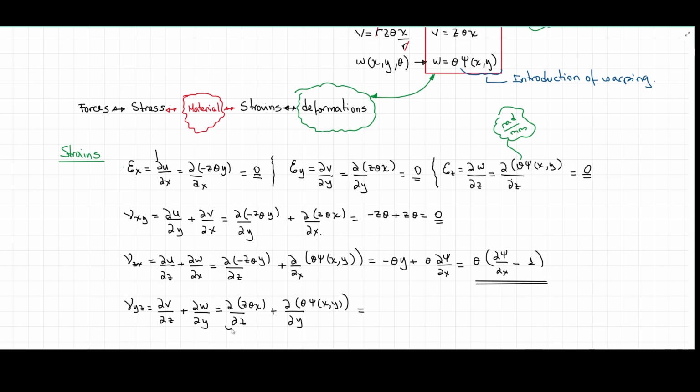The first term, I can just differentiate with respect to z, and that's going to give me straight away theta x plus theta multiplying the partial derivative of psi with respect to y. And then again, I can extract common terms here and say this is equal to theta times the partial derivative of psi with respect to y plus x.